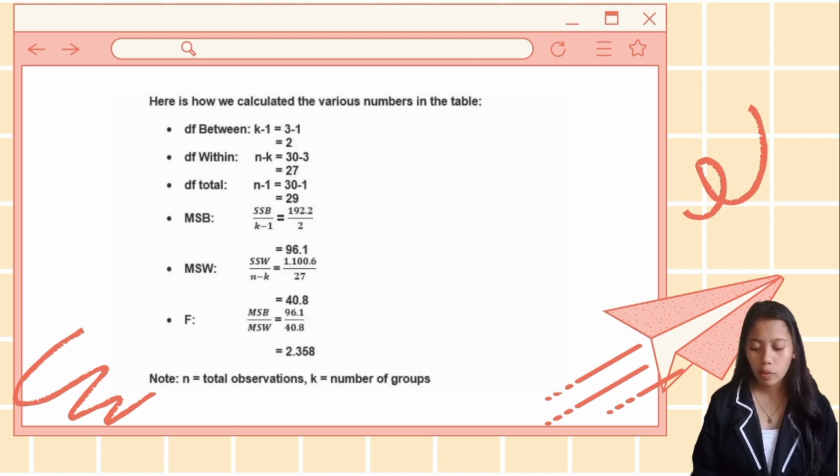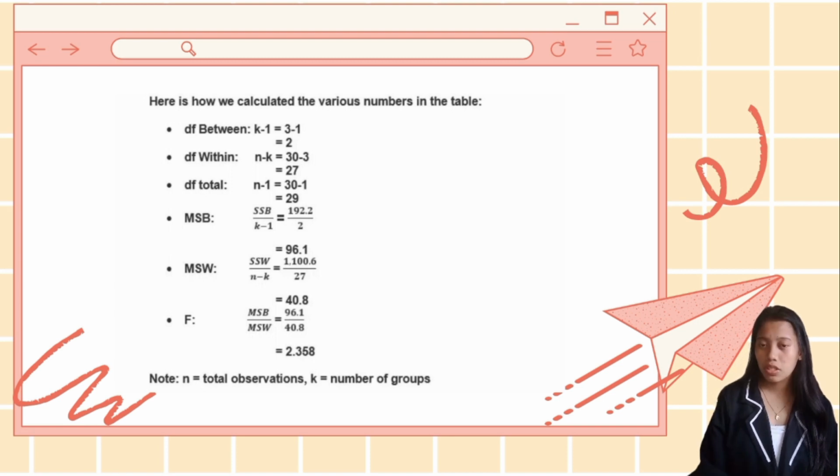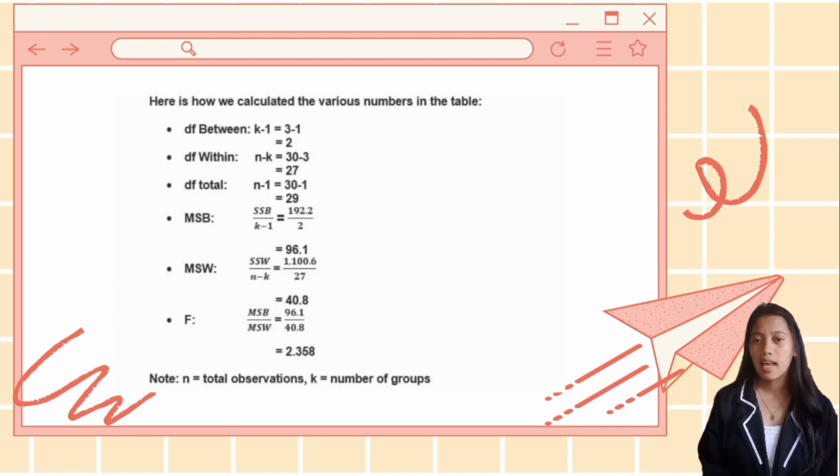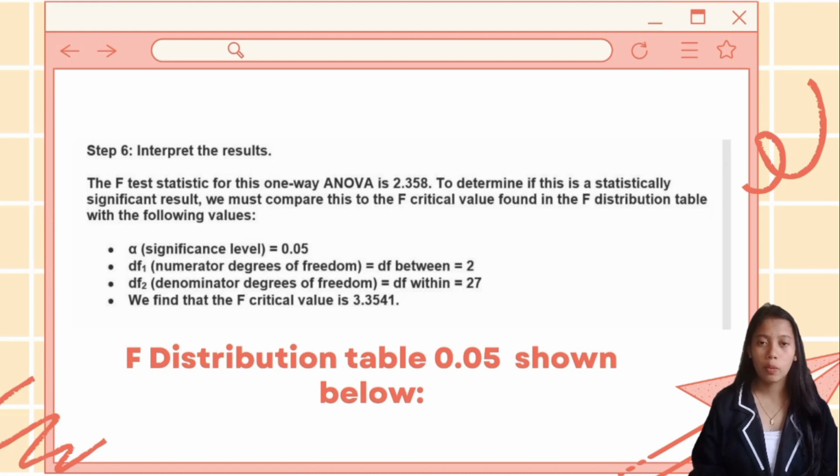For the mean square within, we calculate SSW divided by N minus K. Our SSW is 1100.6 divided by 27, which is equal to 40.8. To calculate the F test, MSB divided by MSW, so 96.1 divided by 40.8, and the result is 2.358. So the F statistic for this one-way ANOVA is 2.358.